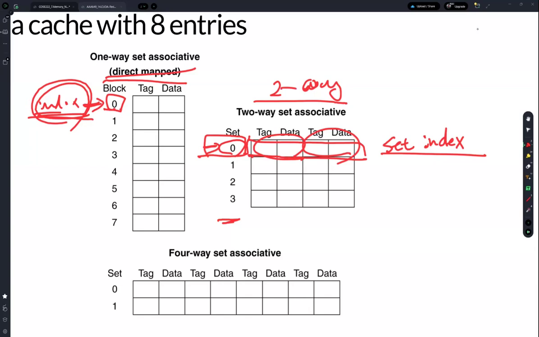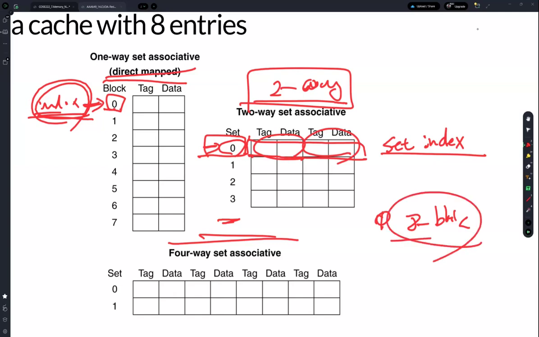But for the two-way set associative cache, these figures show that all caches have eight blocks, but we can allocate multiple blocks to a single cache set. This is the set associative cache.